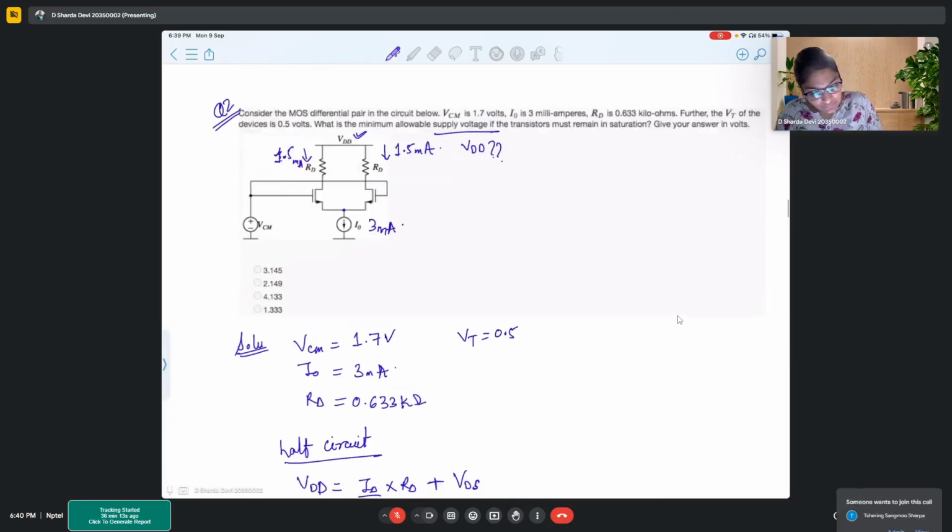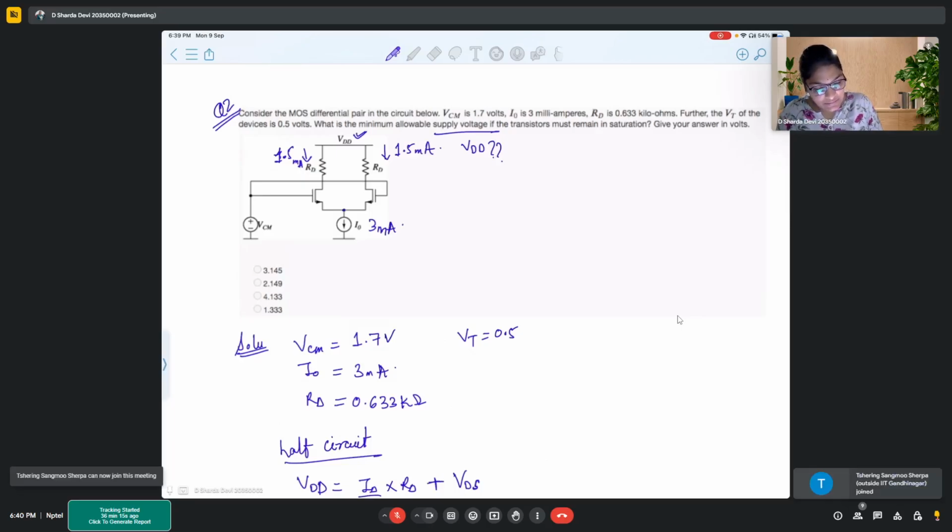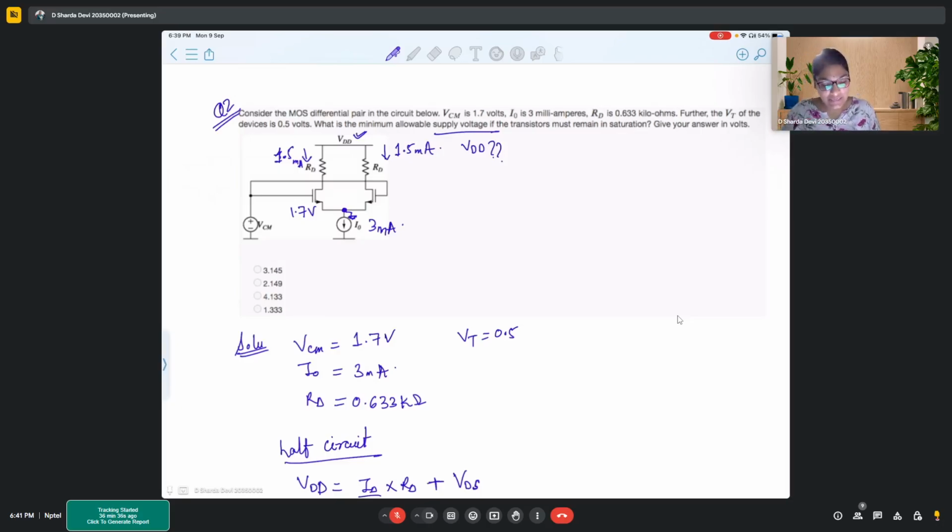Here we know that VCM is already given. In this particular circuit, VCM is 1.7 volts. As I said, we are considering that there is no drop across the current source, so we can say this is the ground point, so no potential is dropped after this point.